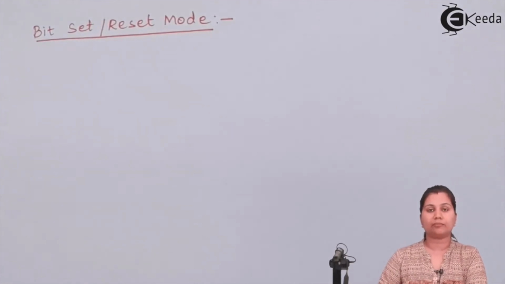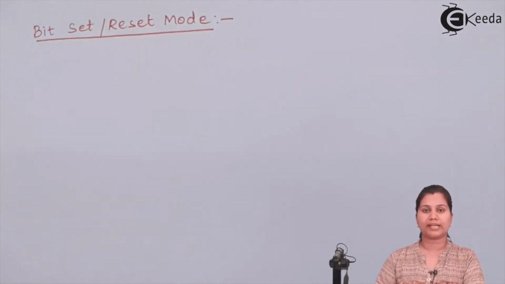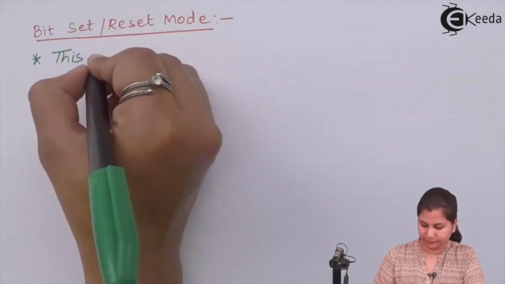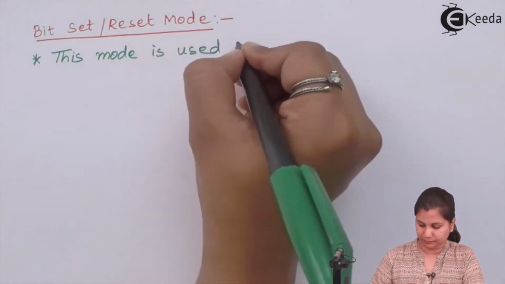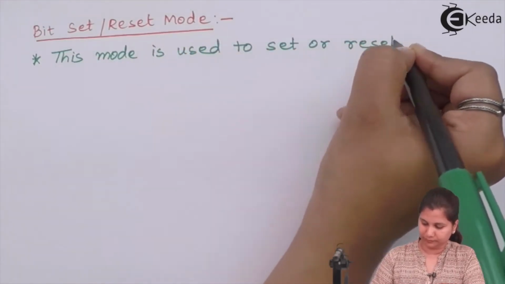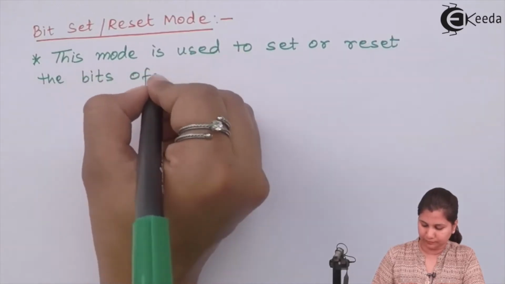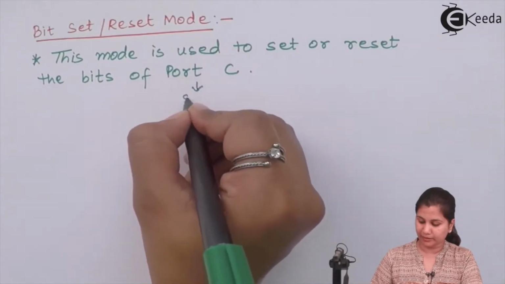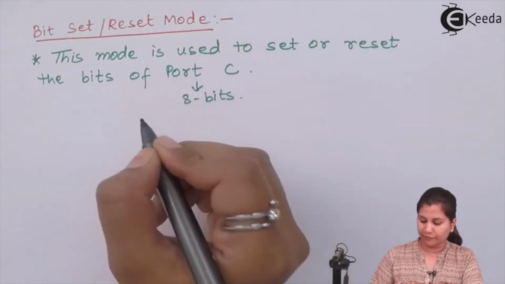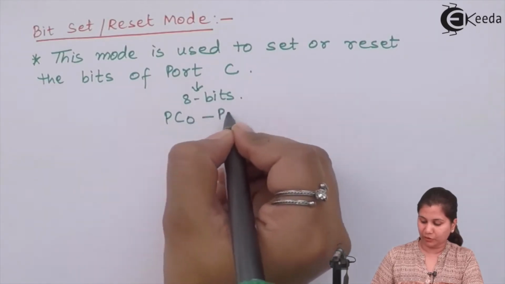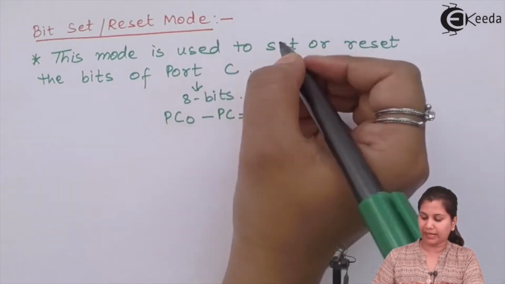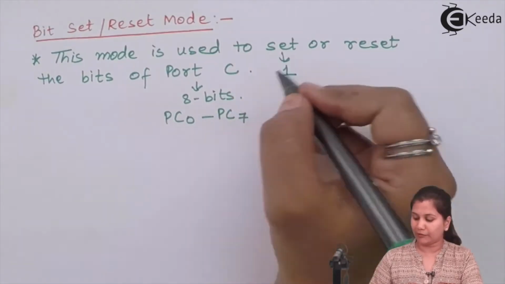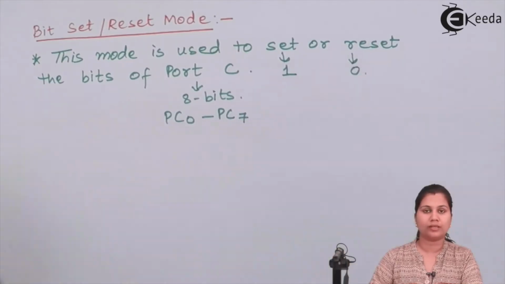This bit set reset mode is used to set or reset the bits of port C. As port C has 8 bits, from PC0 to PC7, these 8 bits can be either set, meaning their value is equal to 1, or reset, meaning their value is set to 0.